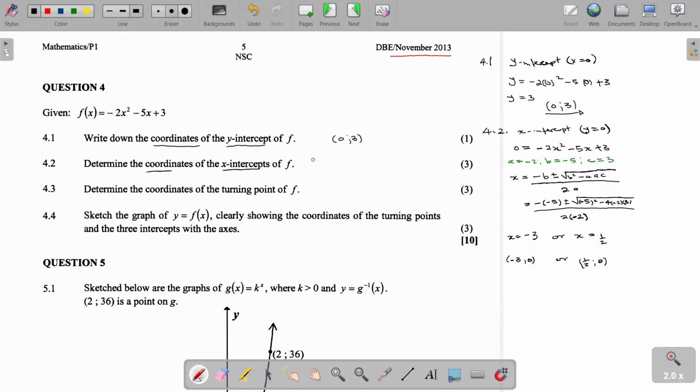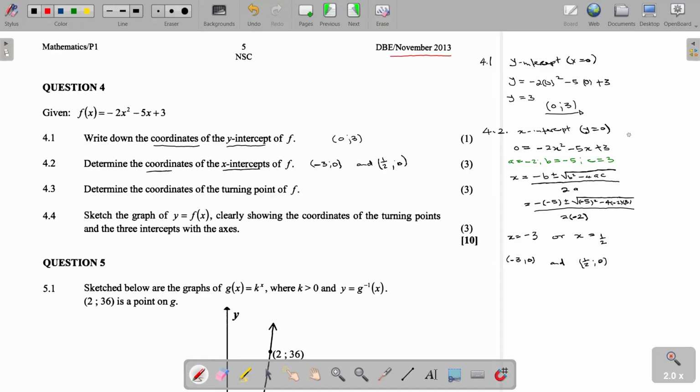So the final answer here is (minus 3, 0) and (half, 0). Those are our coordinates. So take note there.